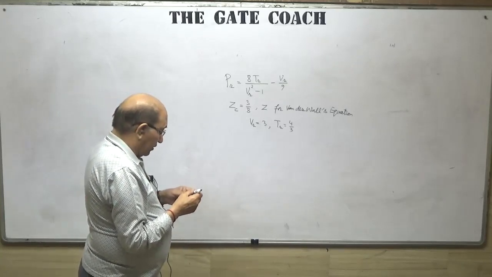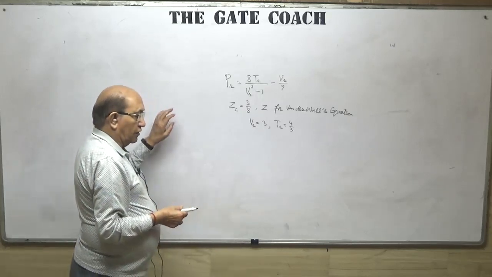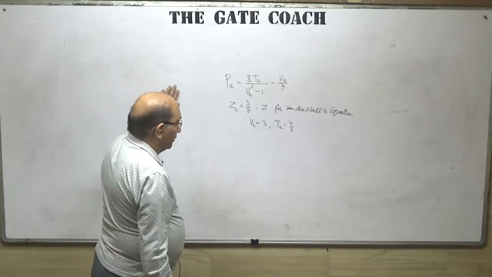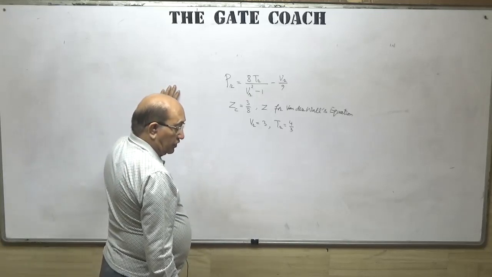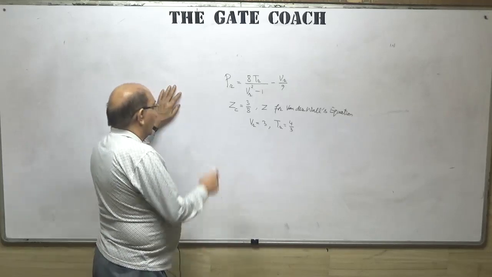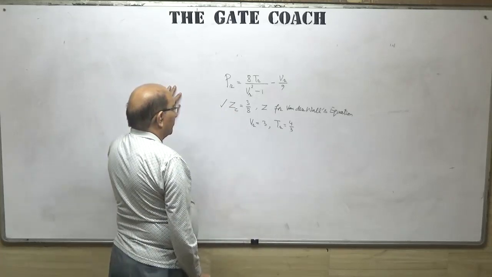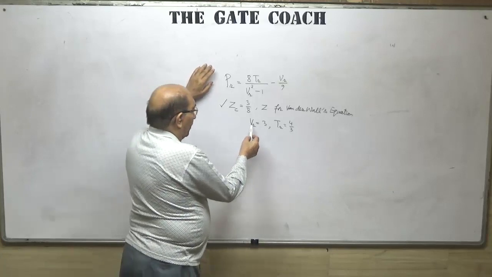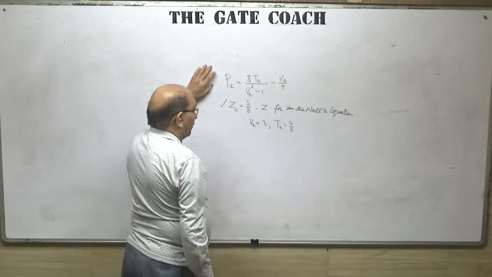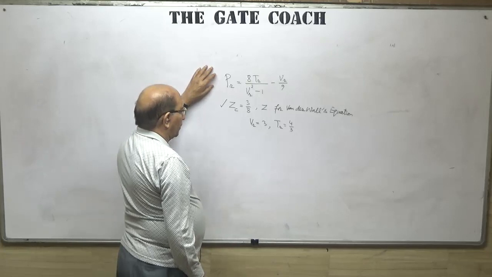Any reduced parameter is defined as the local value of the parameter divided by the critical condition parameter. P upon Pc is Pr, V upon Vc is Vr, T upon Tc is Tr. And we know for van der Waals equation Zc is 3 by 8. If Vr and Tr are given by these two results, then we have to determine Z for the van der Waals equation, where Z is the compressibility factor.